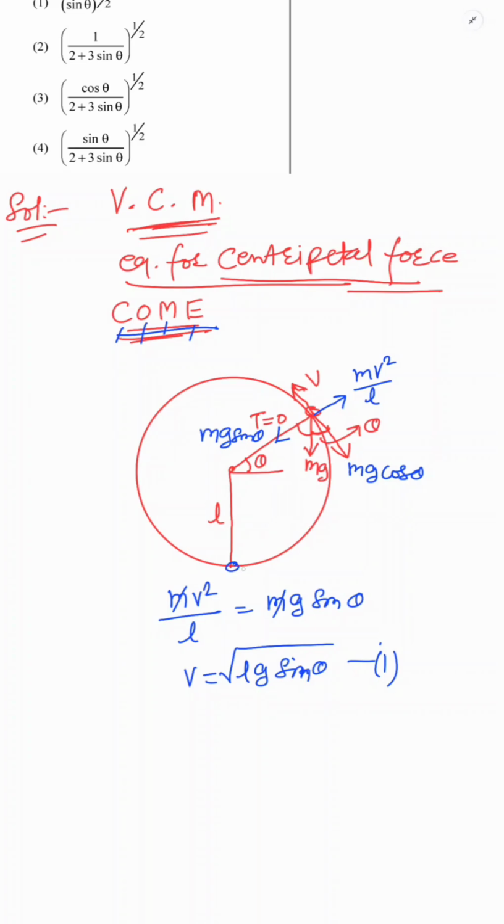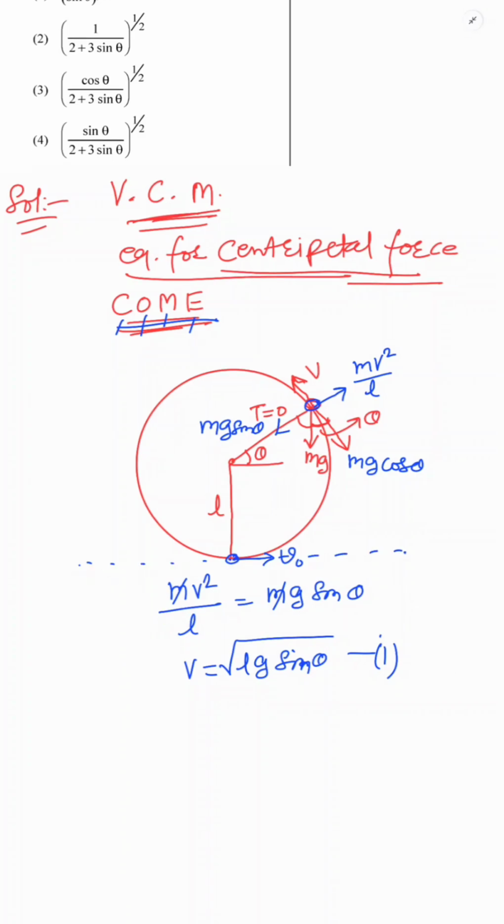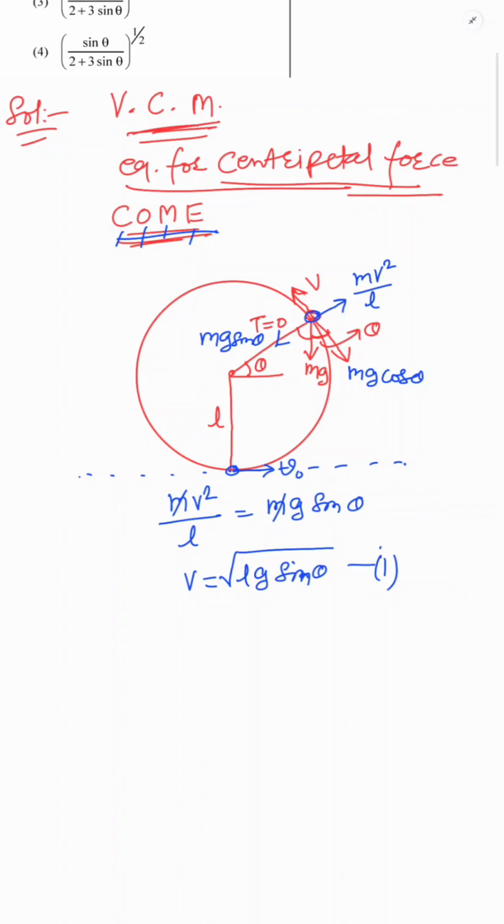This is the initial point, this is the final point, and here it is v0 speed. We are taking the reference plane from here. At the initial point there is kinetic energy half m v0 square, and potential energy is 0 because the height of the particle is 0 from this plane.